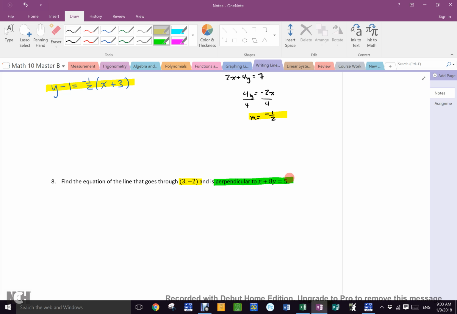What do I know about perpendicular slopes? Negative reciprocal. So if I know this slope, I know the slope I need, right? Because once I find this slope, what am I going to do to it? Flip it and change the sign. So I got to find that slope. Remember at the beginning of Unit 6, at the very, very beginning, very first lesson, I said, if you ever don't know what to do, what should you do?